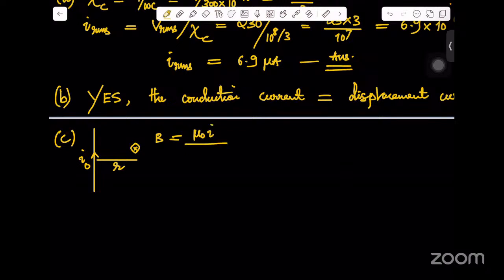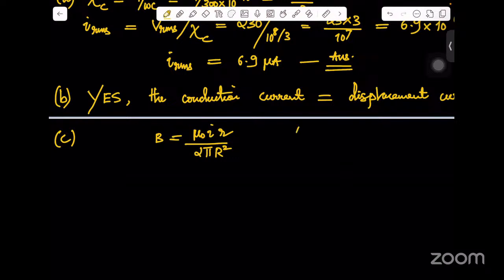Here it will be mu naught I upon 2 pi R square into r. This is the magnetic field which is present away from the axis of the parallel plate capacitor.